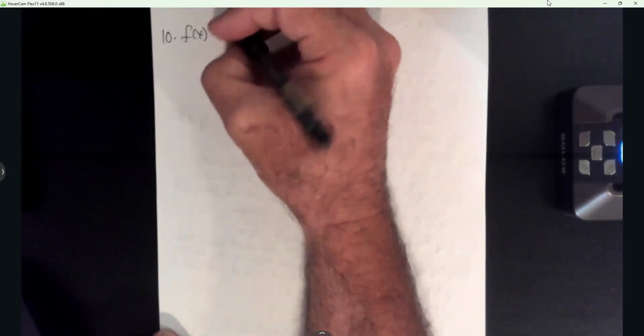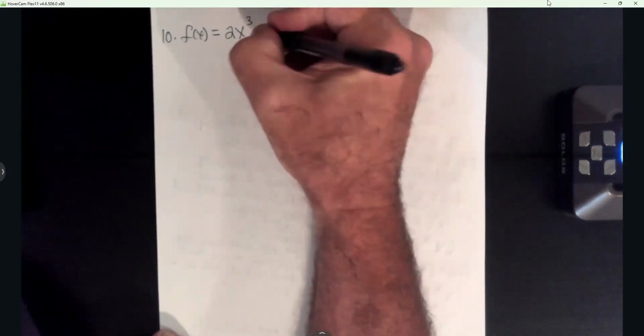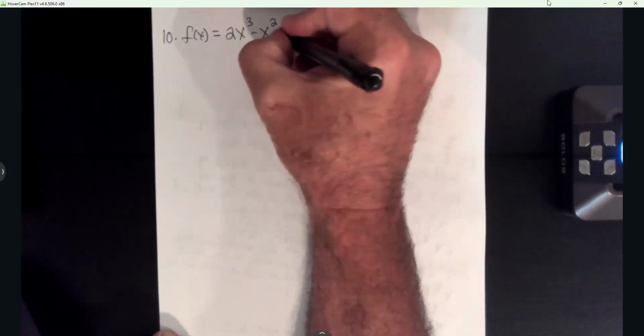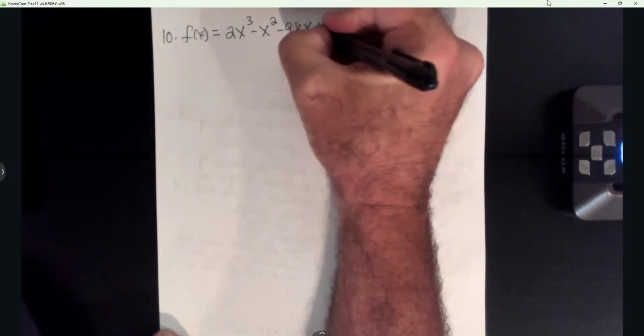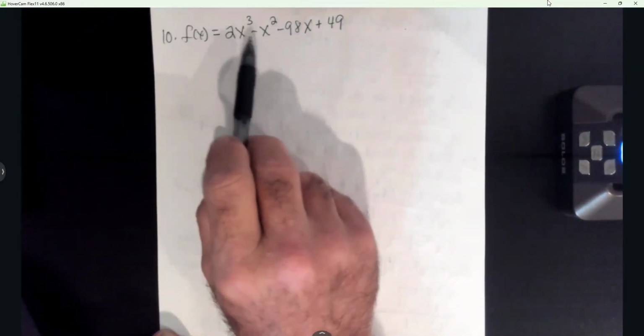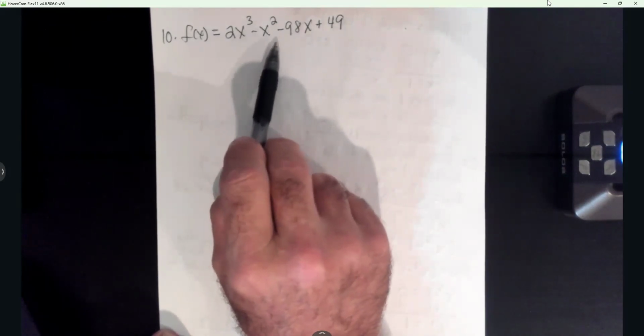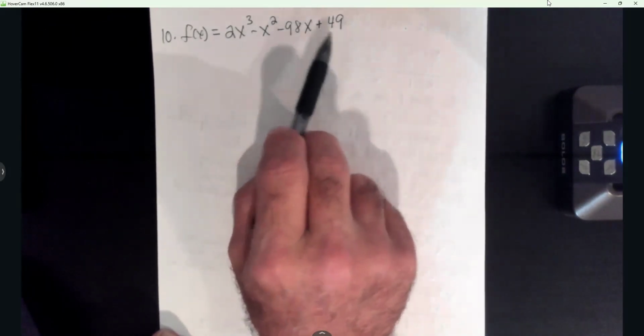All right, so f of x equals 2x cubed minus x squared minus 98x plus 49. So 2x cubed minus x squared minus 98x plus 49.